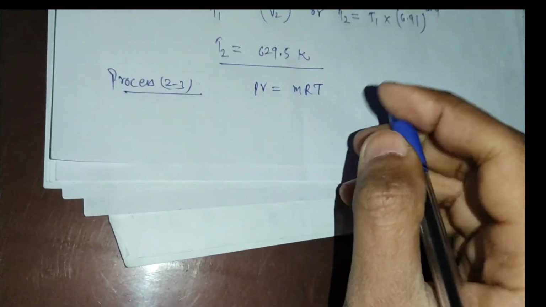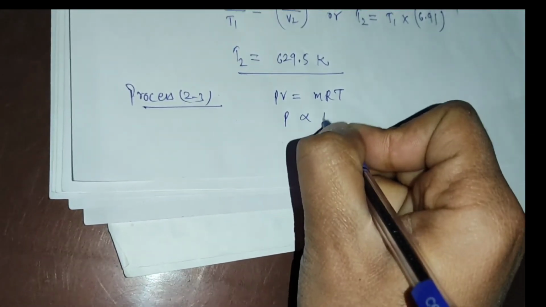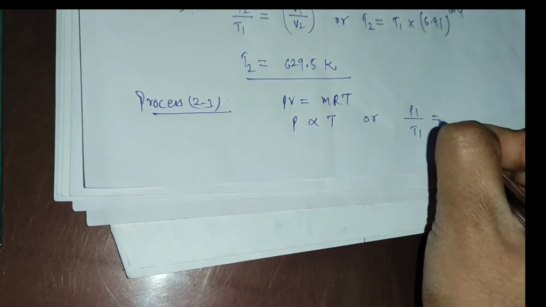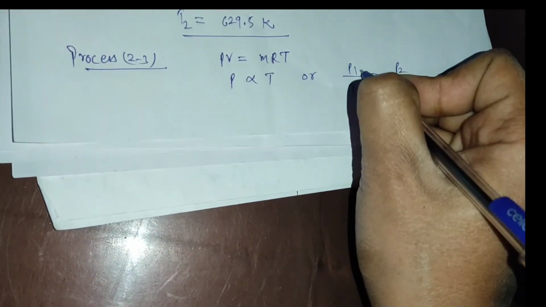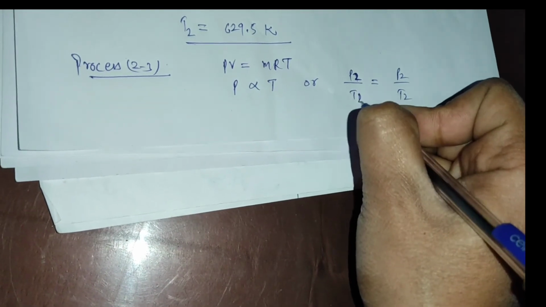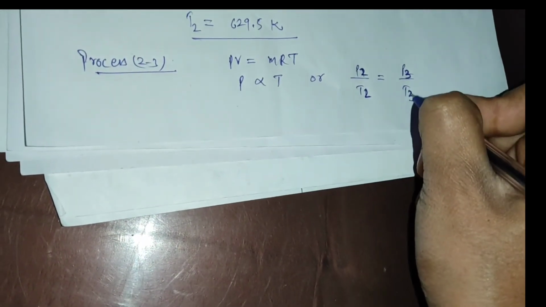Here volume is constant, so pressure is directly proportional to temperature, or P2 upon T2 is equal to P3 upon T3.